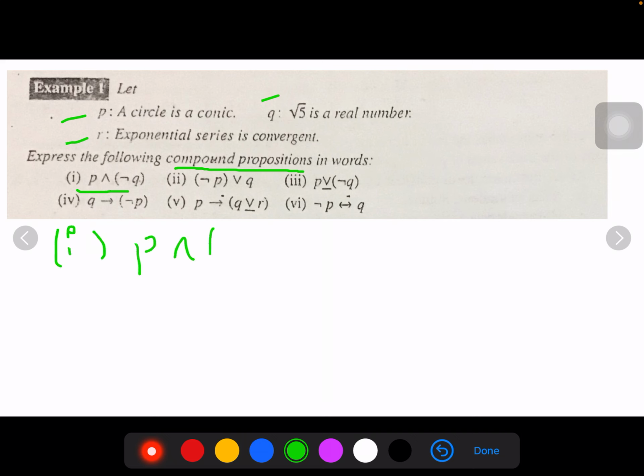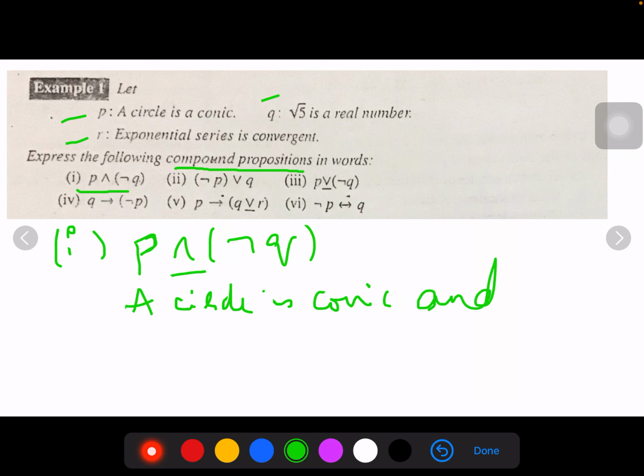P and negation Q. So what is P? P is nothing but a circle is conic, and because you have an AND keyword, and negation Q. What is negation Q? Negation Q becomes square root of 5 is not a real number.